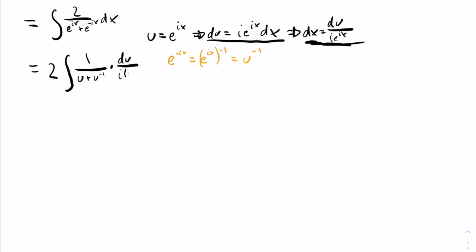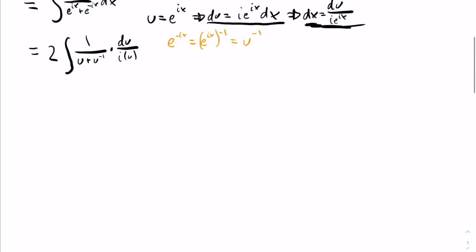So i times u. Now we can bring that i out in front because it's a constant, so we have 2 over i integral of du over u times (u plus u to the negative 1).